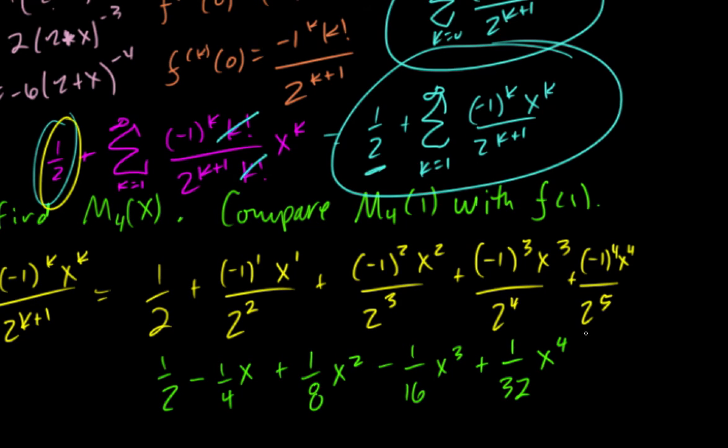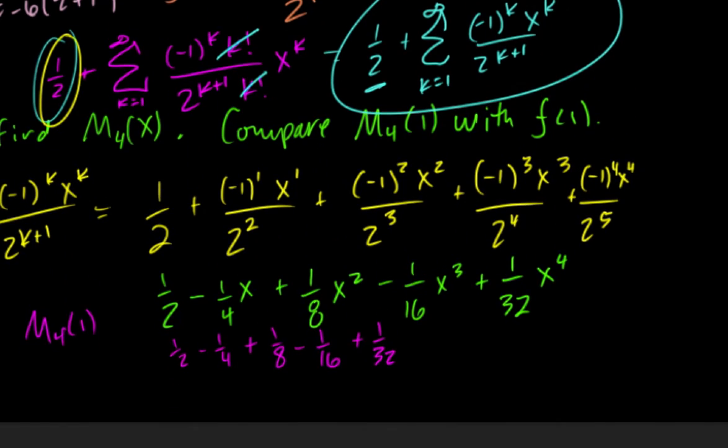Okay? And so if we plug in a 1 for x, because they're asking us to find m4 of 1, we're going to get 1/2 minus 1/4 plus 1/8 minus 1/16 plus 1/32. And if we do that by getting common denominators, we'll end up with 11/32.